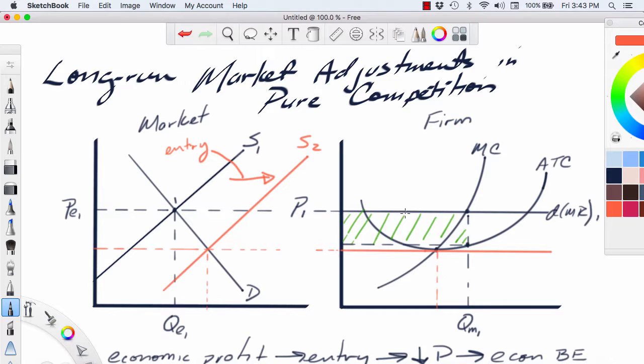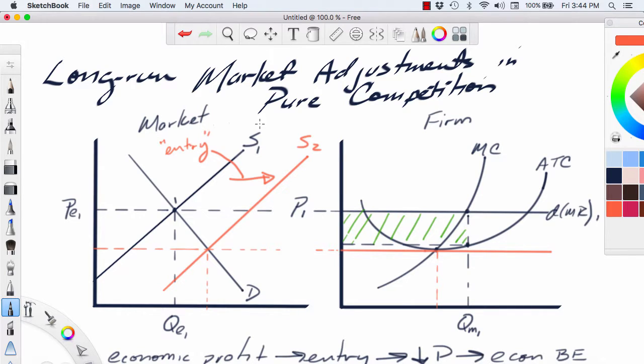So when firms see that existing firms are earning a profit, when they realize that existing farmers, let's say, are being very profitable growing corn, and the word starts to get around, boy, growing corn is a very profitable endeavor, more farmers are going to want to enter this market. That supply curve is going to drive to the right, and we call that entry.